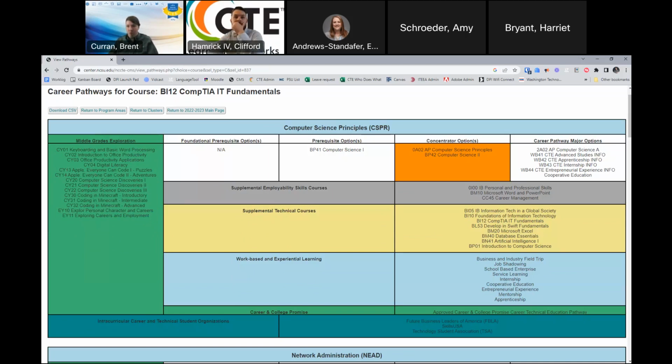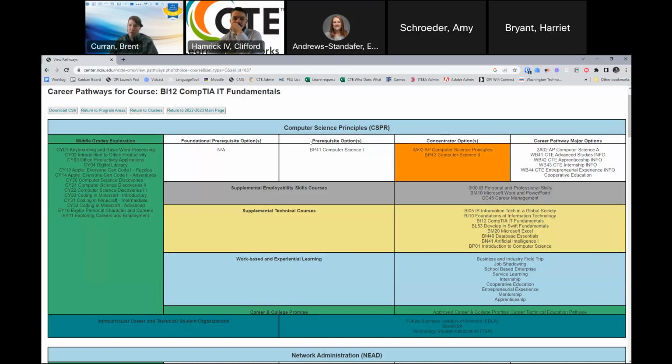Now, once they've gone through some of these courses in their middle grades, as you all know, it is time for them to go to high school, start registering for classes, which I believe is happening right now across the state. And we'll see foundational prerequisite options and concentrator options, followed by career pathway major options.